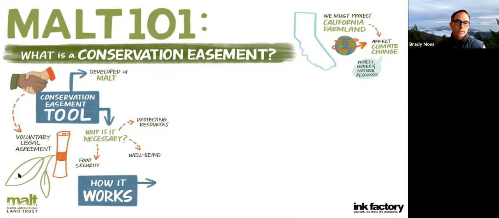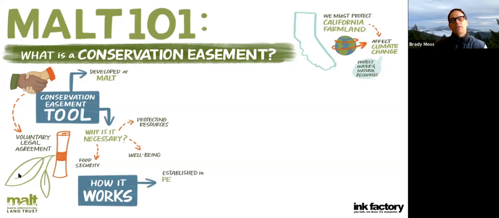The easement is recorded on title. So if a property is ever sold, MALT's conservation easement will transfer with the land to the next owner, legally binding them to its terms. And this is how MALT helps farmland stay farmland forever.